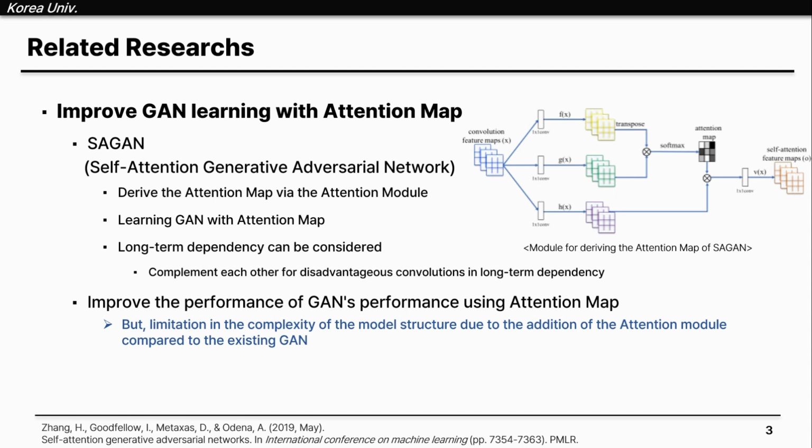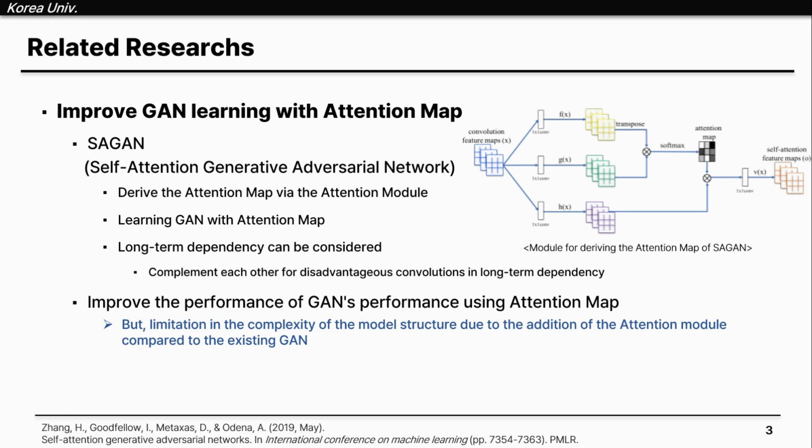GAN learning through the attention map can complement the disadvantages of convolutions in long-term dependency because it is possible to consider the long-term dependency. It showed that the generator can be adjusted using the attention map, which can improve the performance of the GAN model.